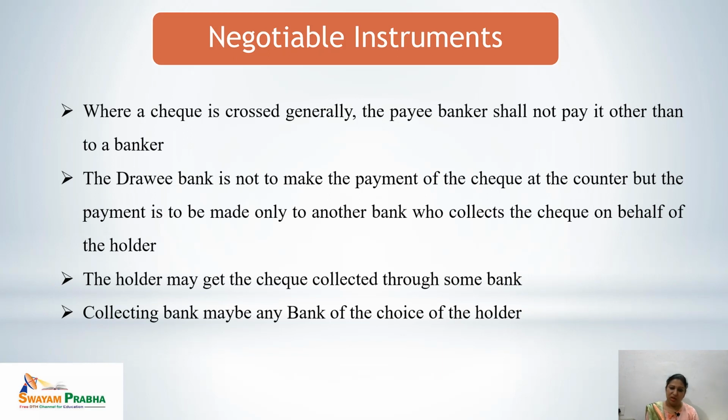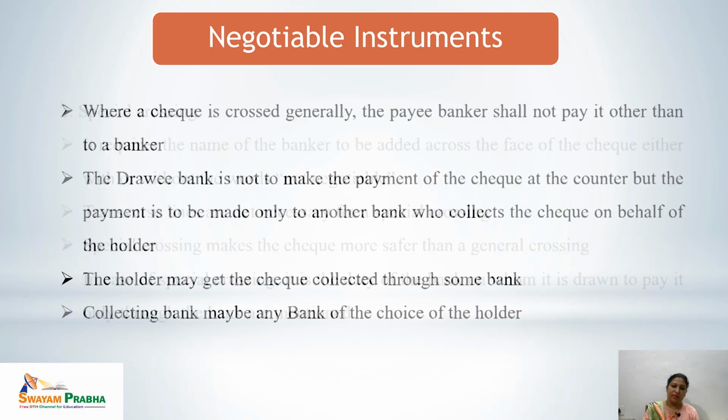The holder may get the check collected through some bank. Only when a bank is involved can it be collected, and the collecting bank may be any bank of the holder's choice. The holder may be the true holder, or a finder of the lost check, or anyone else, but the choice of bank is the holder's choice, and it should go through some bank only.